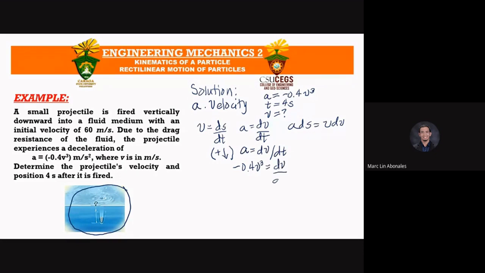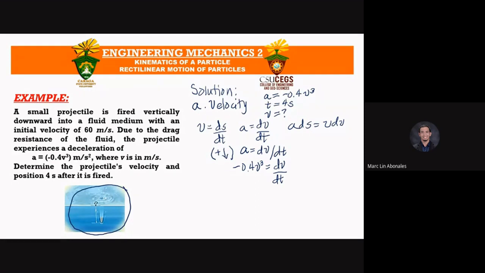What happens here? Duwa na ka variables ang nabilin. These are the variables v and the t. And we rearrange the equations for us to determine the velocity of the projectile 4 seconds after it is fired.